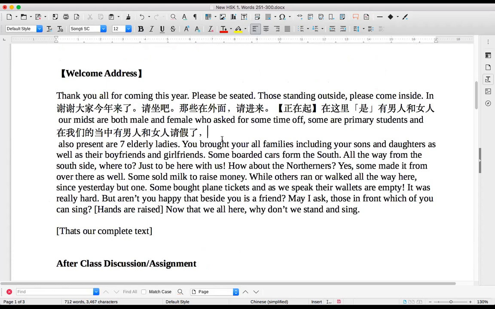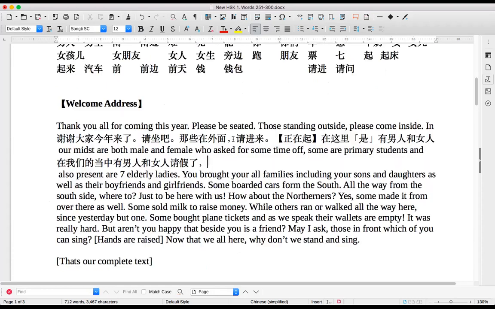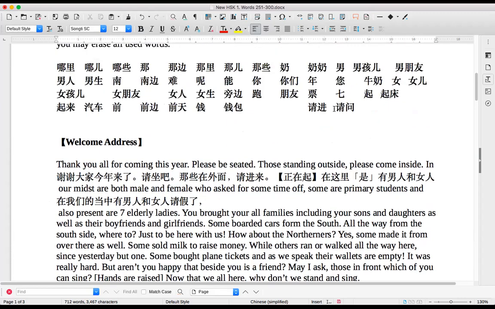So okay. For some reason. Okay. Some are primary students. I put 一些师生们还有, oh, that was the other part. So our primary students just 一些师生们. Very good. That's good. We take that.